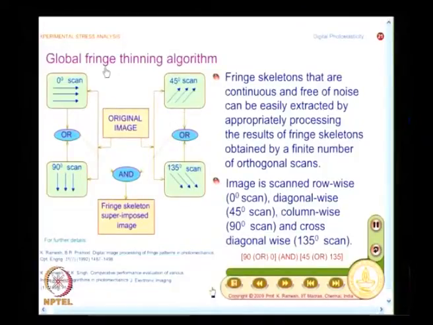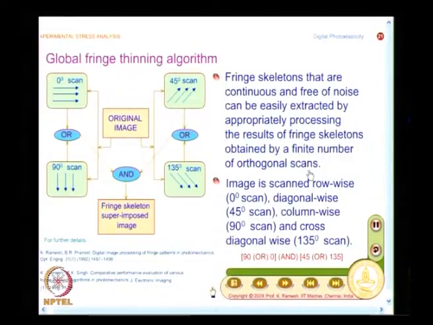This is of a different approach, and the focus is fringe skeletons that are continuous and free of noise, that is very important, that could be easily extracted by appropriately processing the results of fringe skeletons obtained by a finite number of scans. That is very important.